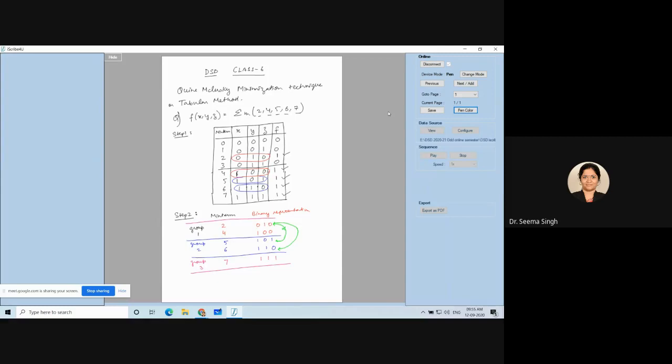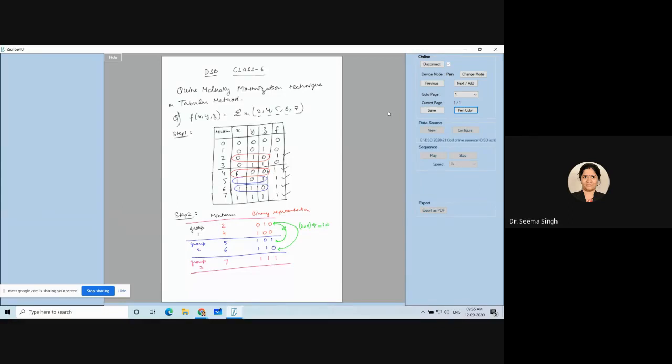Only the first bit is changing. So the pair of 2 and 6 will give me what? Whichever bit is changed, there we put a dash. So what do I write? I write a dash, and what is not changing is written as it is, 1 and 0.